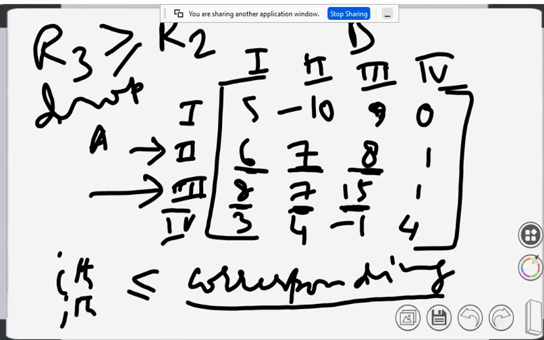So we write R3 greater than or equal to R2, drop R2, and we put a line like this. So the second strategy for A is dropped. Now rule 2, please write rule 2.